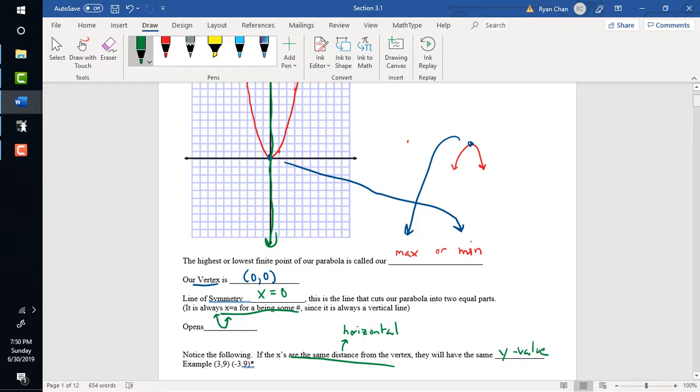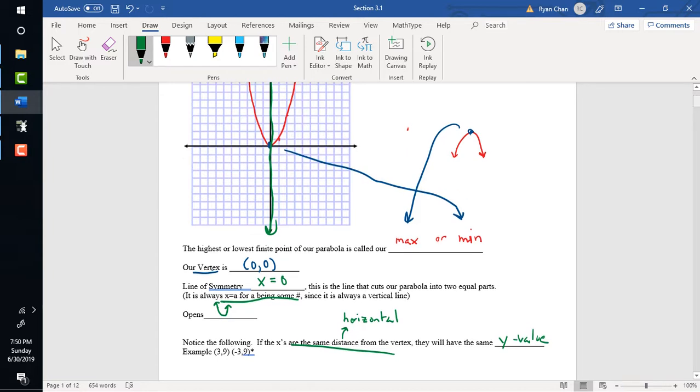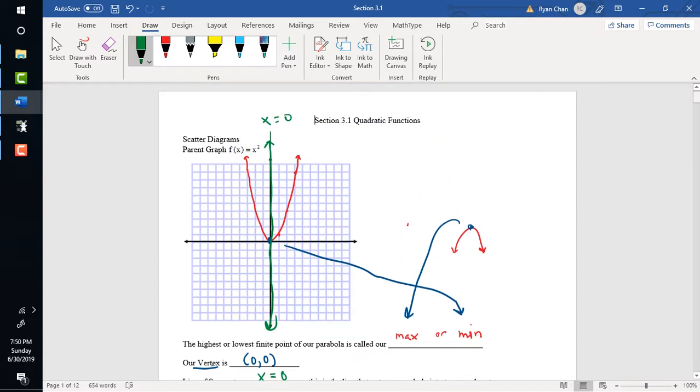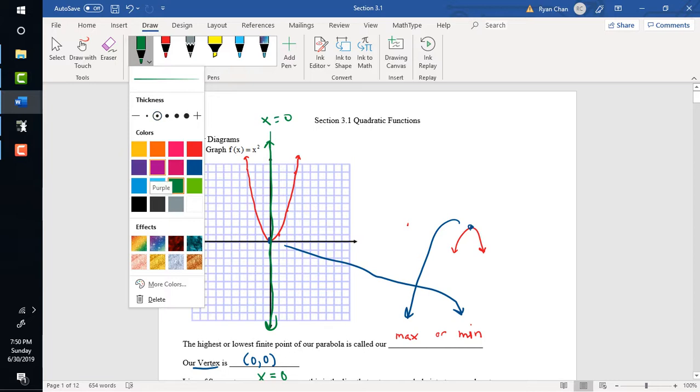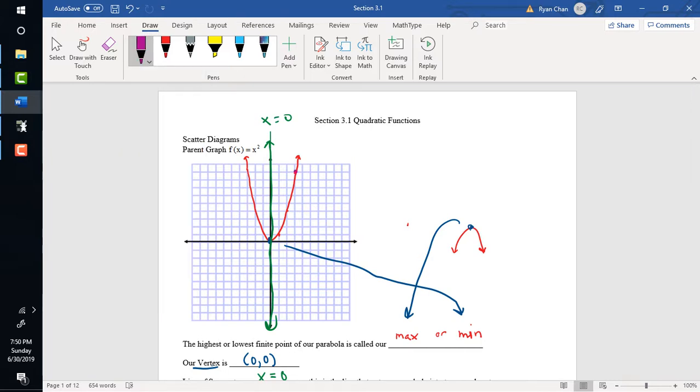If you look at the paper, it says example: (3, 9) and (-3, 9). When you look at a parabola, I have (3, 9) here and (-3, 9) here. Both of them are 3 away from my vertex horizontally, or you can almost think of it as 3 away from your axis of symmetry. Because of that, they both have the same y value.